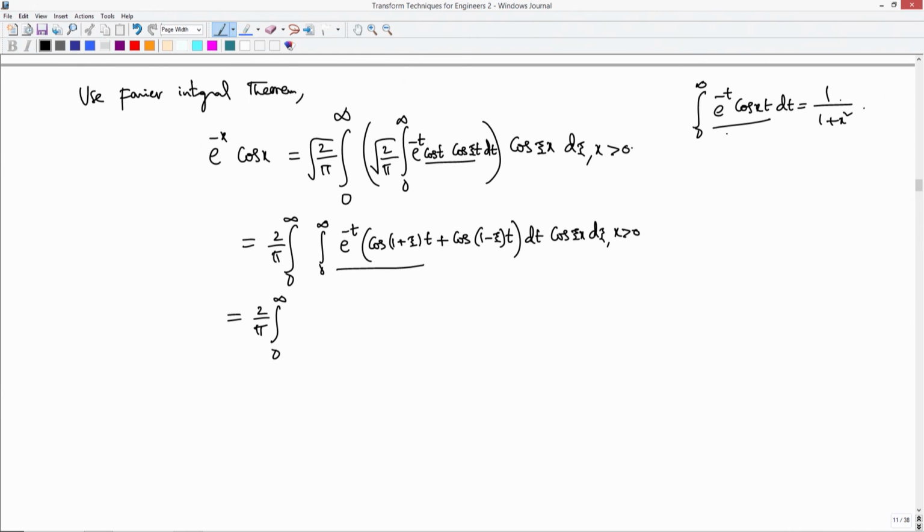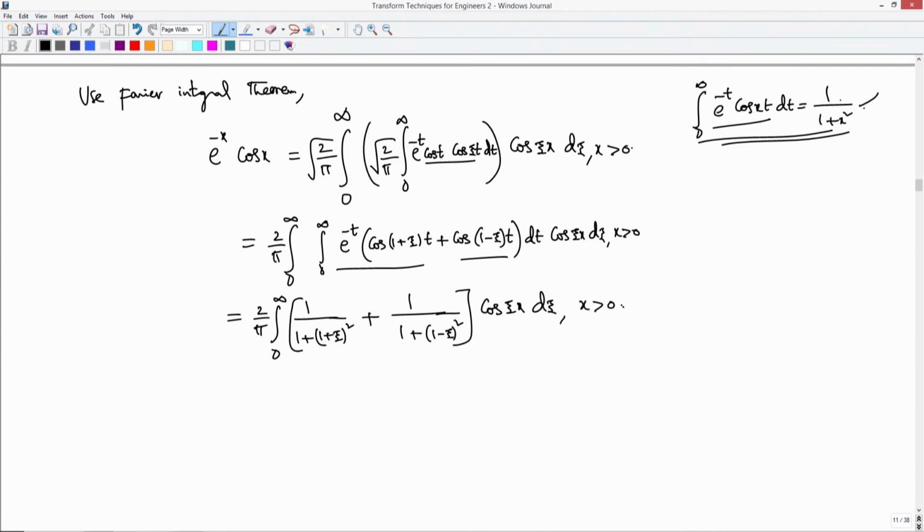So, I am directly writing: 1 by 1 plus xi square, with x as 1 plus xi, plus the other part, 1 divided by 1 plus (1 minus xi) whole square. This dt integral is over. So, you have cos xi x d xi for x positive.